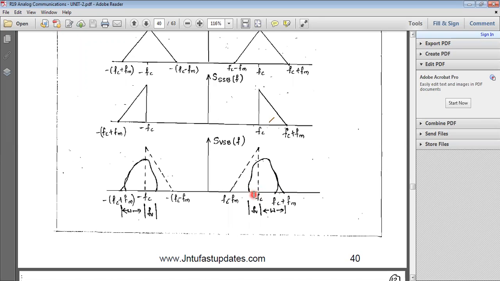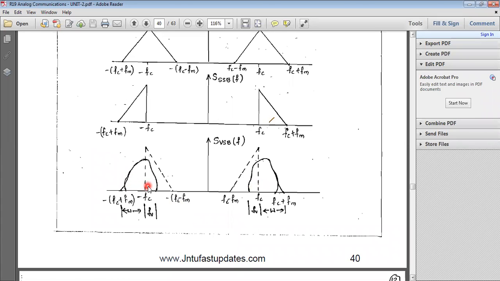So totally, the bandwidth required for VSB is the same as the bandwidth required for SSB, but here one complete sideband along with the trace of another sideband is passed. That technique is called VSB, vestigial sideband. This is used in television transmissions.